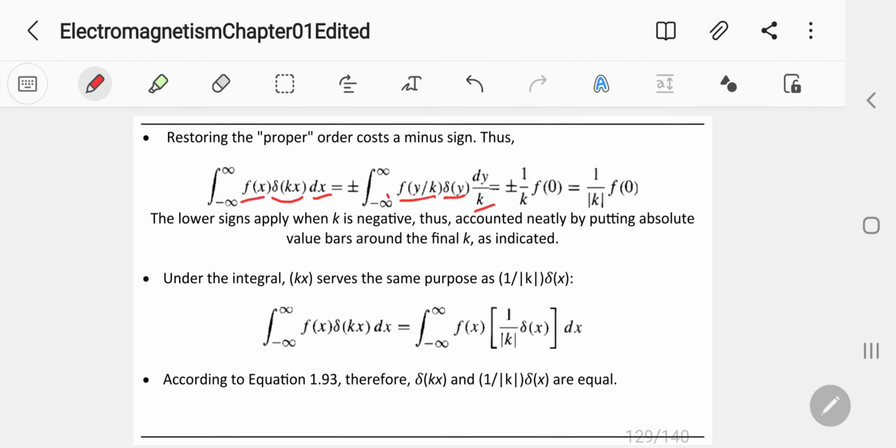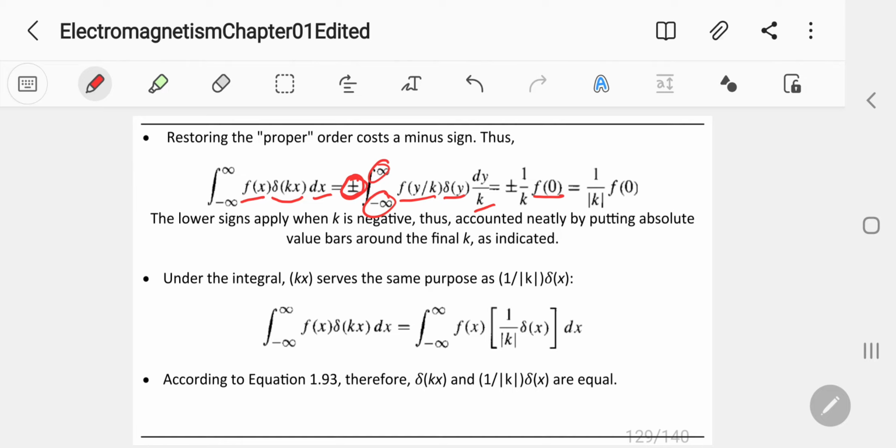But the limits, as you can see, are still the same. However, you have positive or negative 1, which depends on the sign of k. So anyway, let's just put the positive negative sign. If you have a positive k, then that would be positive, and negative k would be negative.